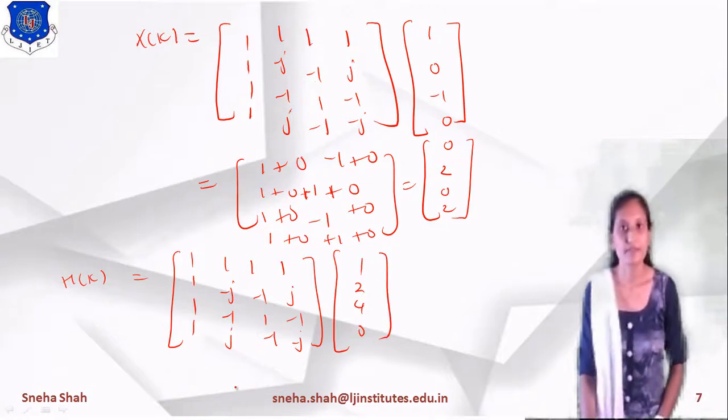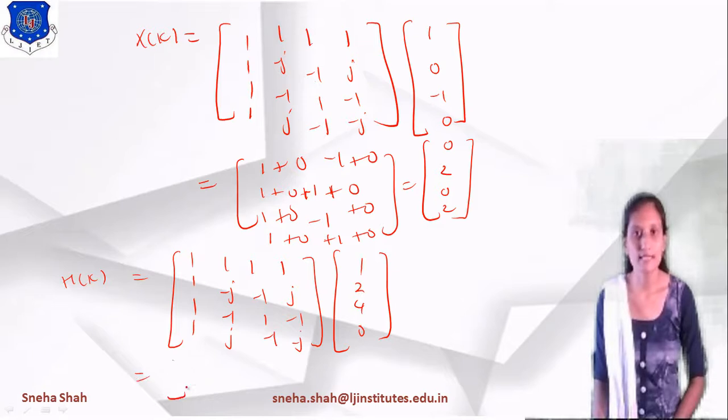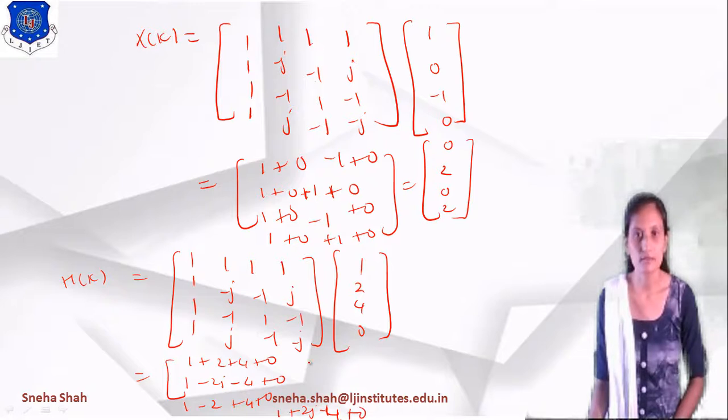So if I simplify this, what will be the answer? 1 plus 2 plus 4 plus 0. 1 minus 2j minus 4 plus 0. 1 minus 2 plus 4 plus 0. And the last term is 1 plus 2j minus 4 plus 0.